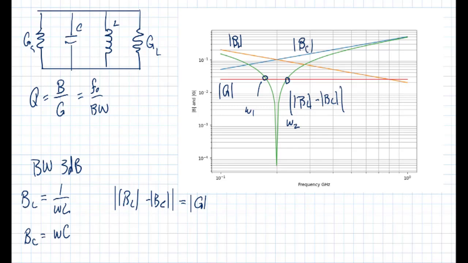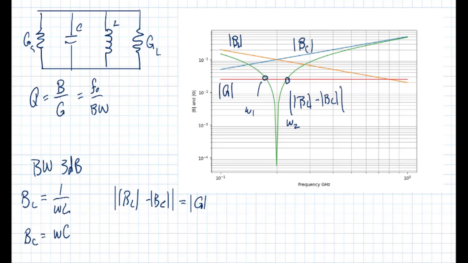And below resonance, at omega 1, on the low side of resonance frequency-wise, we see that the orange line is greater magnitude, so the inductor susceptance is larger than the capacitor susceptance. So we'll put that term first.